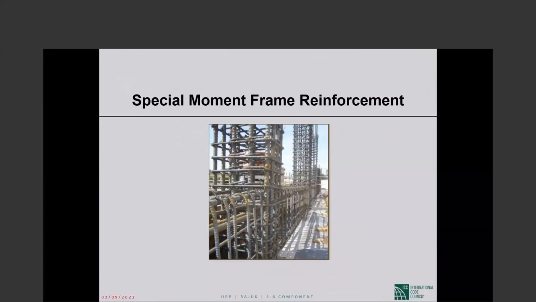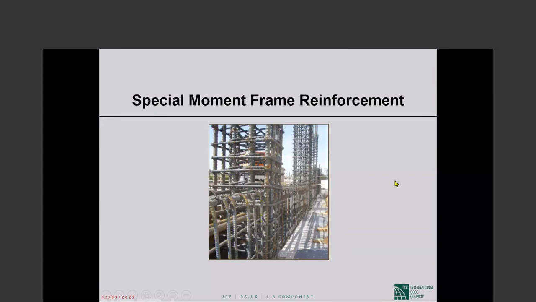A special moment frame, the reinforcement looks as you see in the picture. This is the cage for an actual building. You see the amount of transverse reinforcement. That's what stands out. The ties or hoops in columns and also in beams.